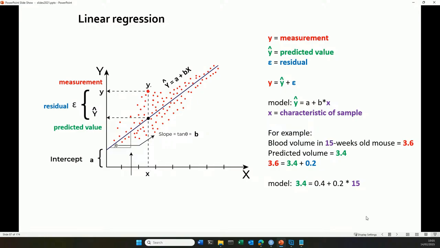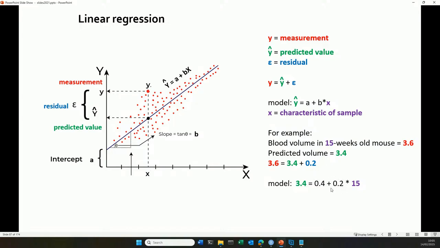So in linear regression, this is exactly what it will try to model. It will try to find a line that fits my measurements the best. And by fitting that line, it will determine the best setting for these two parameters, a and b. In this example, a, the intercept, is 0.4, and b, the slope, is 0.2.